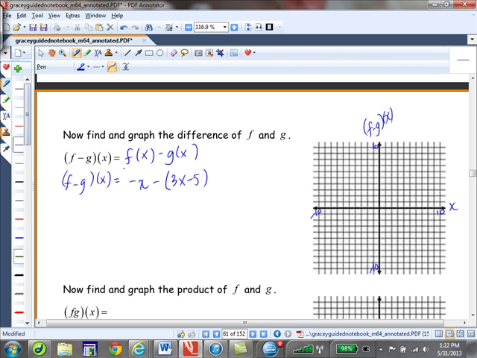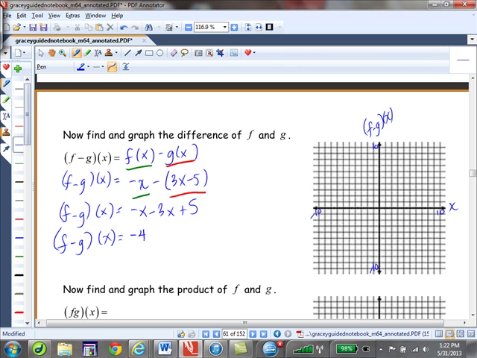From above, this was our green graph, and this was our red graph. So f minus g at x will be negative x minus 3x plus 5 when I distribute the minus through. So the end result for f minus g at x will be negative 4x plus 5.